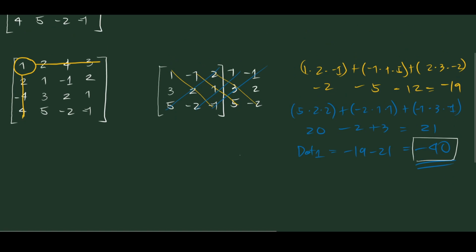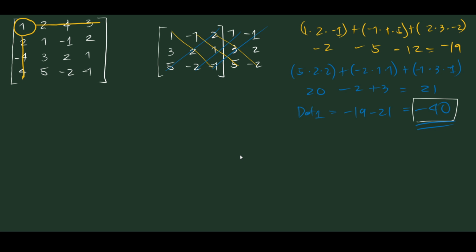You will then multiply this by the 1 right here. 1 multiplied by -40 is -40. The one right here is this one. So don't forget that.